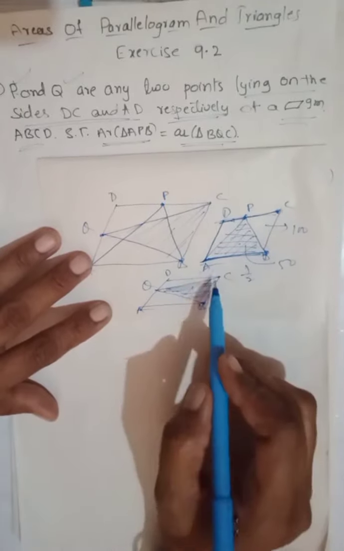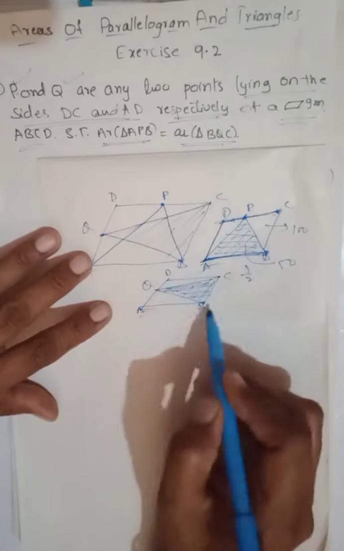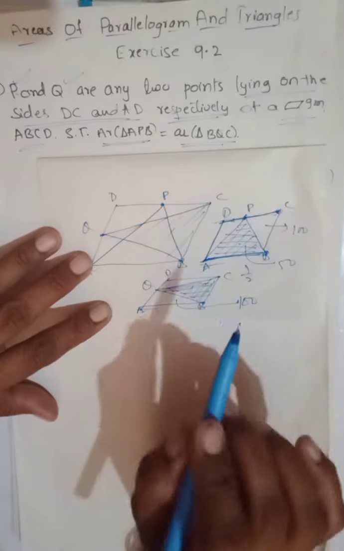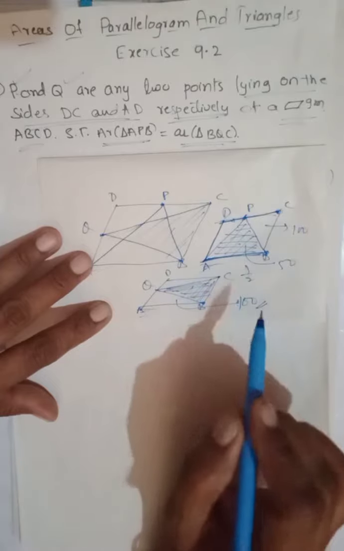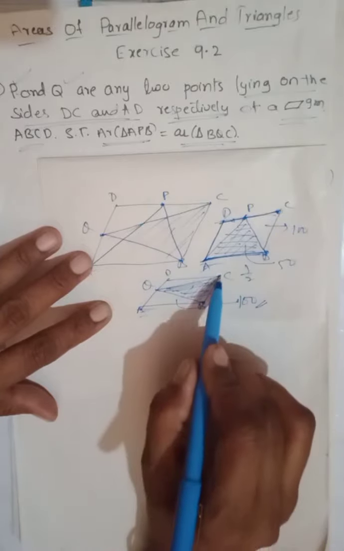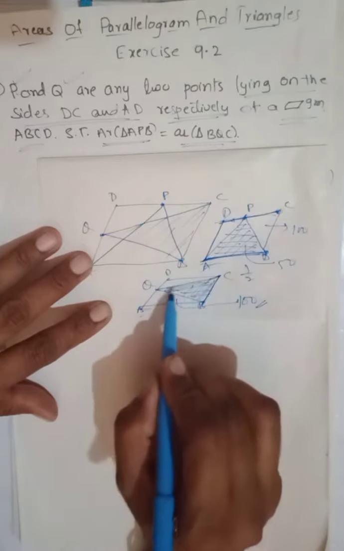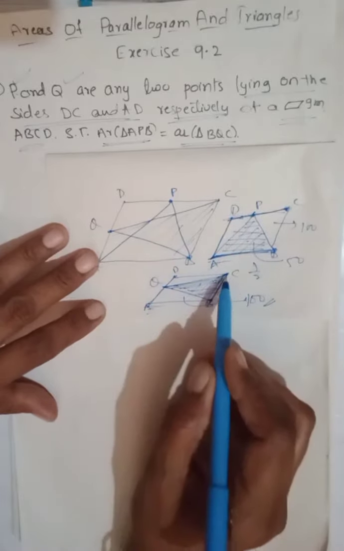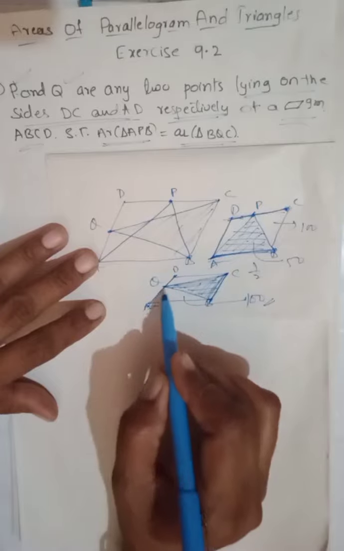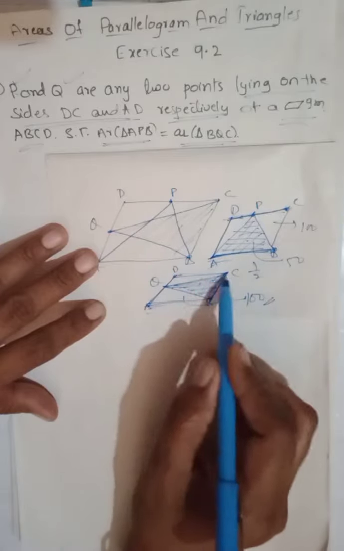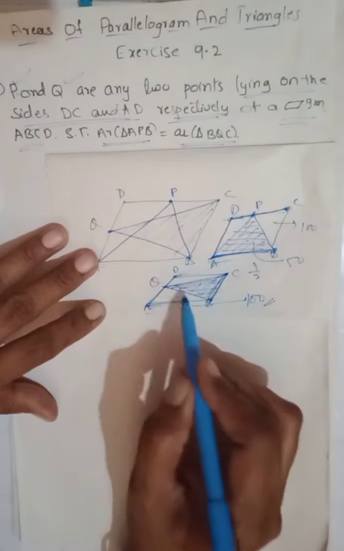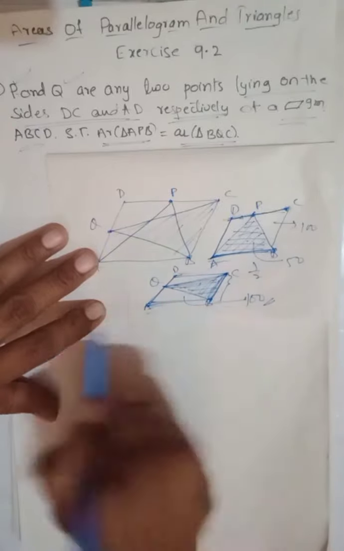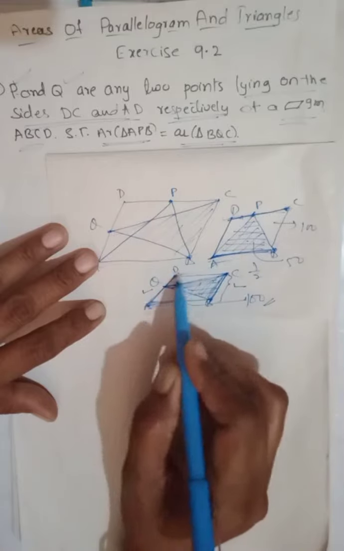In the same way, here you have the same parallelogram, whose area we take as 100, just for understanding. The triangle BQC and the parallelogram ABCD are standing on the same base and between the same parallel lines.